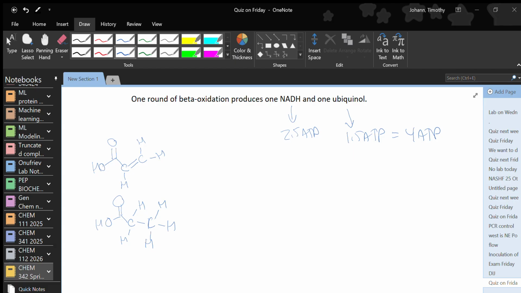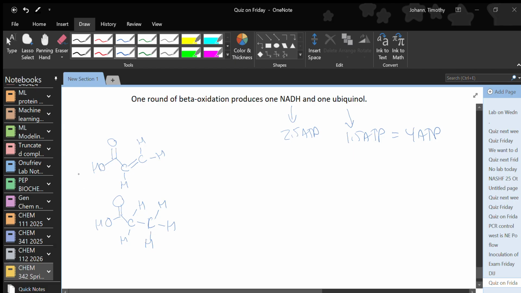And you can see that in beta oxidation, because we skip an energy-yielding step if the double bond's already there. We are skipping step 1 if we have a double bond, because we make a double bond there and it's already there.